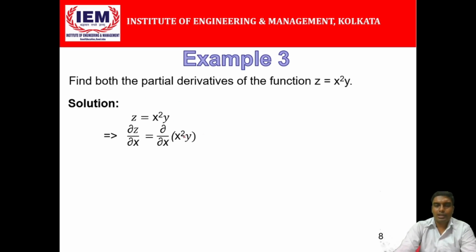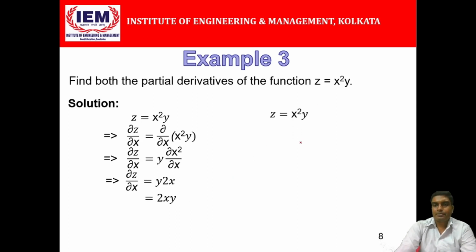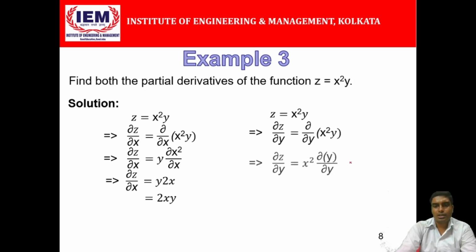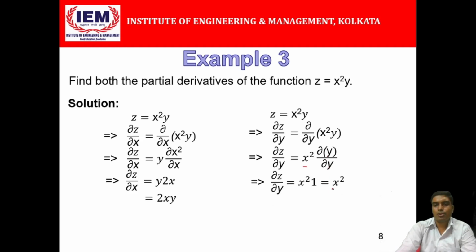So y you can take out as a constant: y times del x square del x. And you know the derivative of x square with respect to x is 2x. So the result is 2xy. Similarly, if I differentiate this function with respect to y, x square will be constant, so x square comes out, and del y del y is 1. So the result is x square.